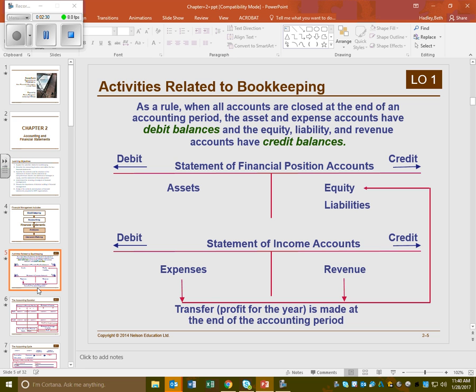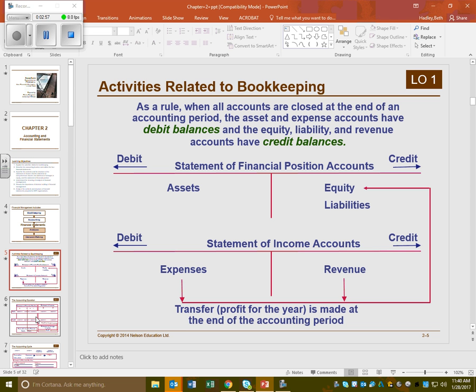Some of these slides I find a little bit confusing. There's actually a chart in the book, figure 2-3 on page 45, that talks about all four financial statements and clearly states what's included in each of them.